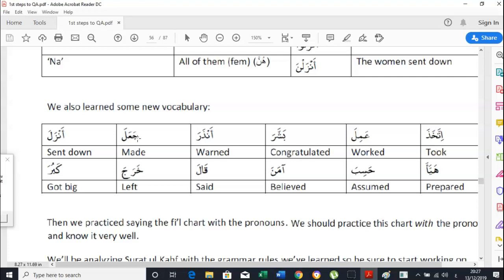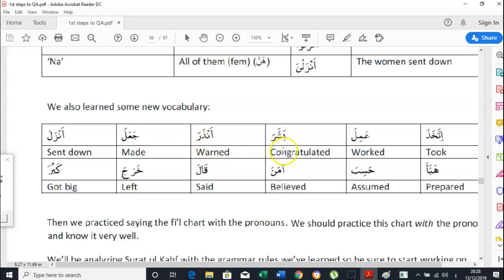They made. جعلوا. He made. جعل. All of you males made. جعلتم. All of you females made. جعلتن. Both of you made, masculine or feminine, same. جعلتما. Very good. MashaAllah. Okay, you be quiet now, please. Give others a go.